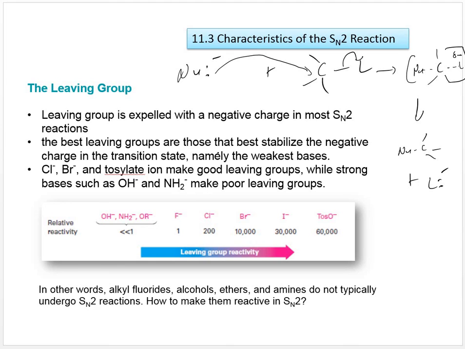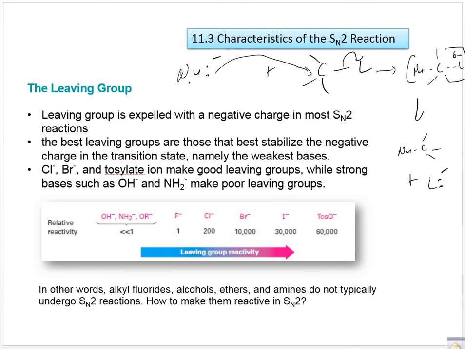Okay, so the best leaving groups. We can categorize leaving groups: good leaving groups, bad leaving groups, best leaving groups, worst leaving groups. So which are the best leaving groups, and which are the worst? If a particular leaving group reacts faster, let's say that we are changing just the leaving group.